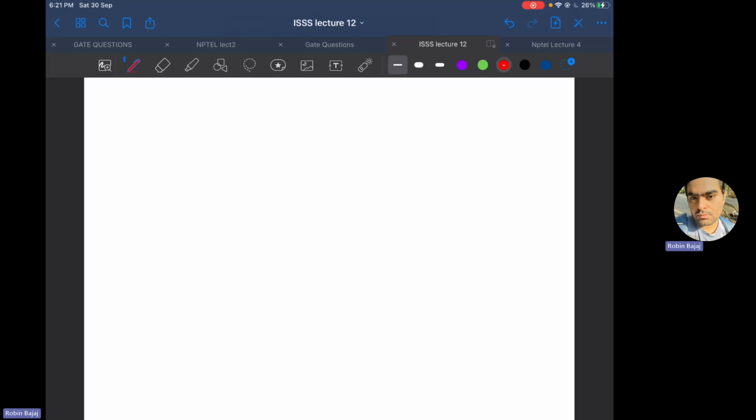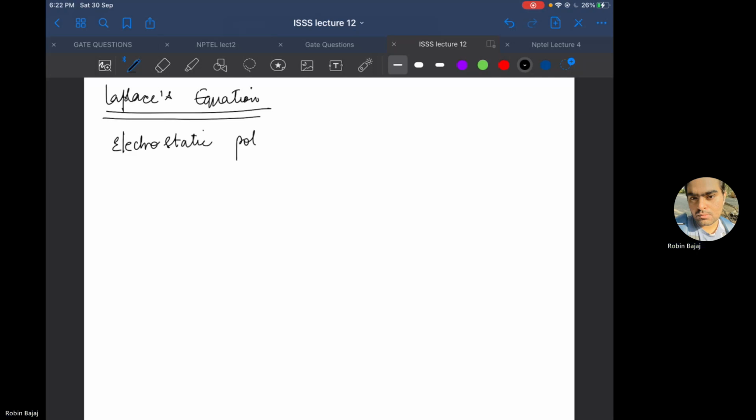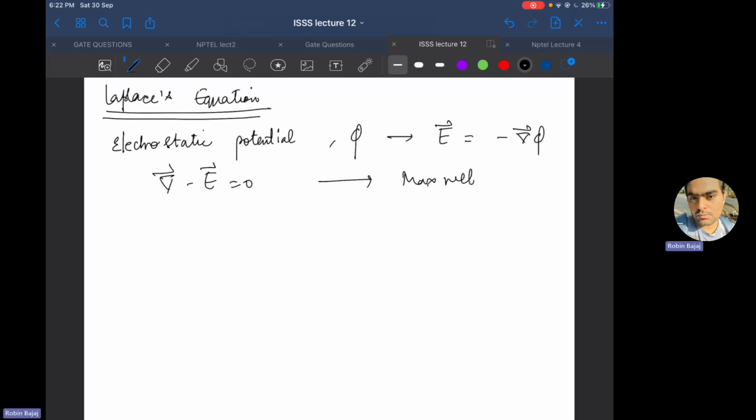Let's start with the Laplace equation and see how one really goes about solving partial differential equations. In physics, you define the electrostatic potential phi, E is described like this, and your first Maxwell equation is this.